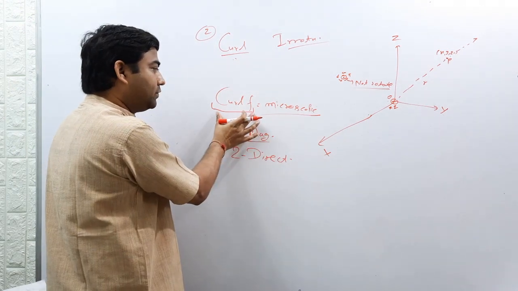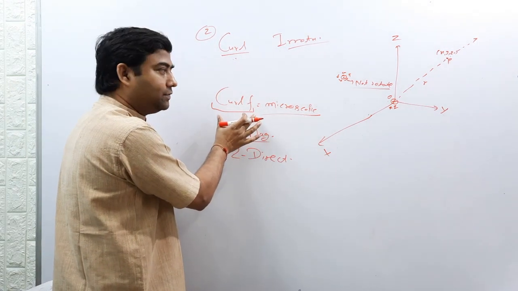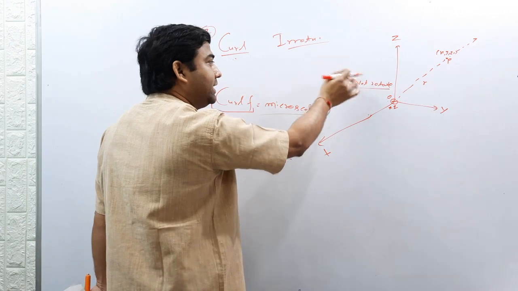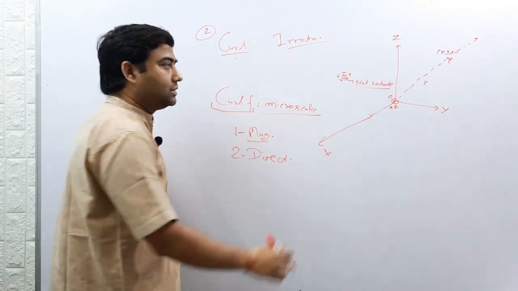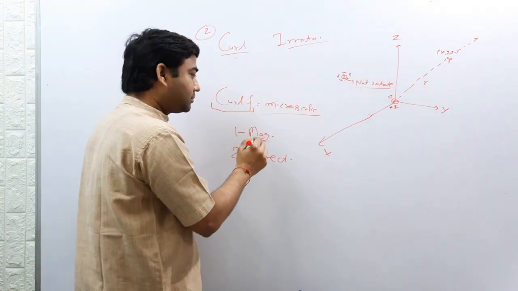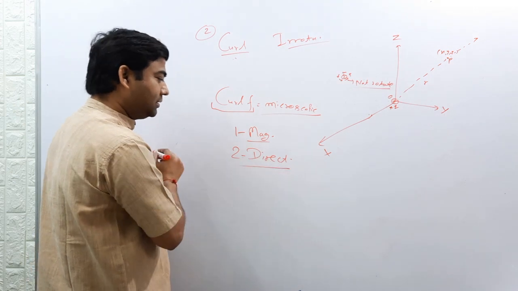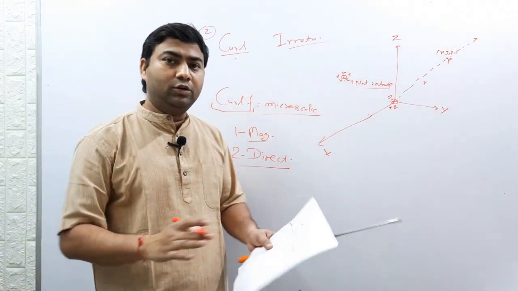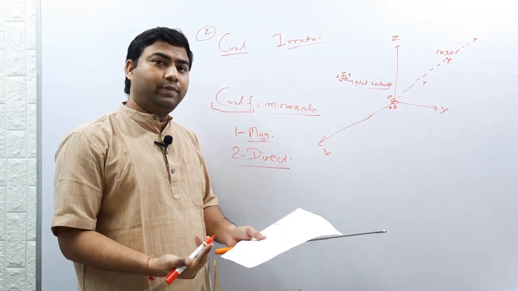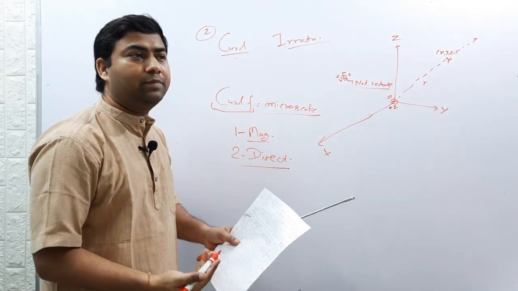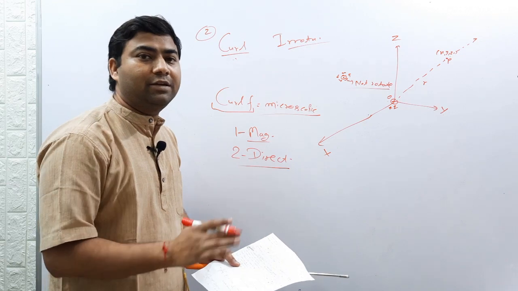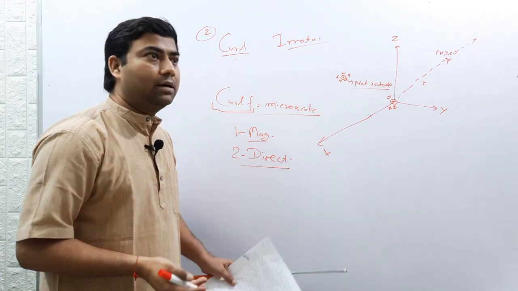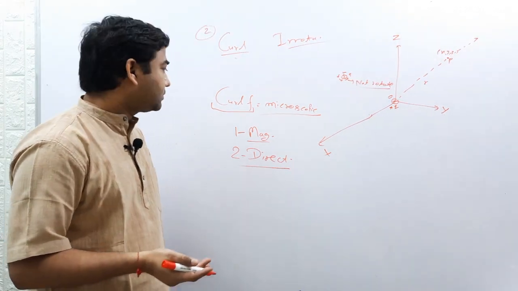The higher the magnitude of the curl vector for a vector field, the higher will be the tendency of the field to rotate at that point. And the direction of this curl vector, as we know, a cross product is perpendicular to both vector fields which are being cross multiplied.